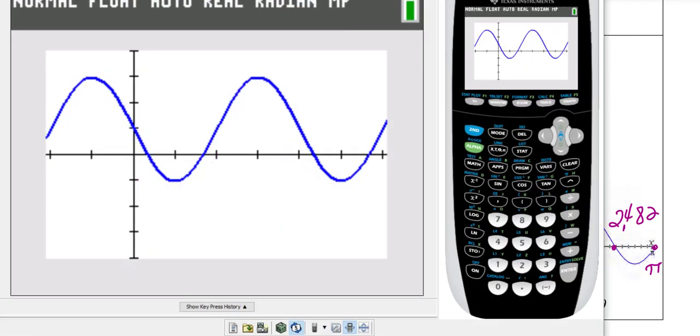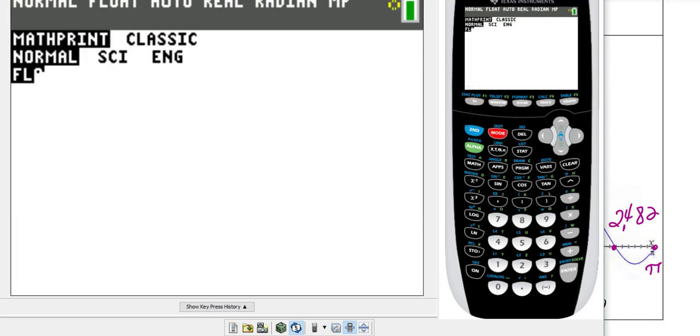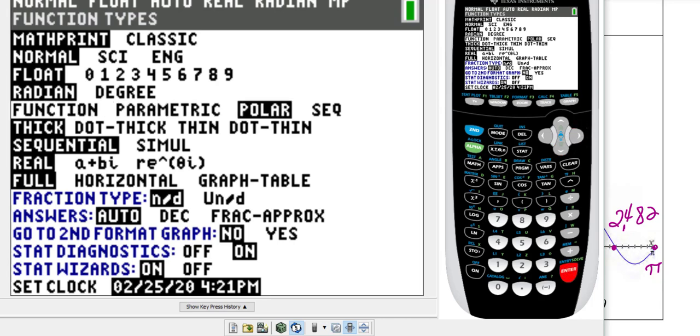So I'm going to go ahead and I'm going to go under y equals here. And I am going to change this to polar coordinates. And I'm going to put my rose curve in. And I'm going to look at the points that we found the zeros in.